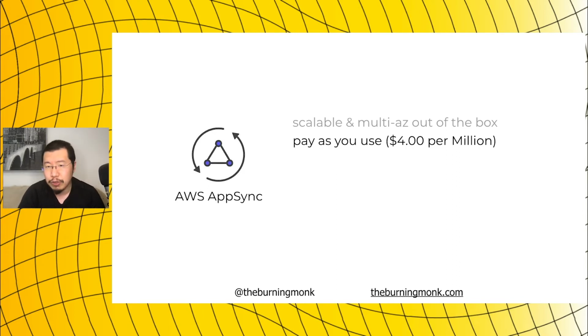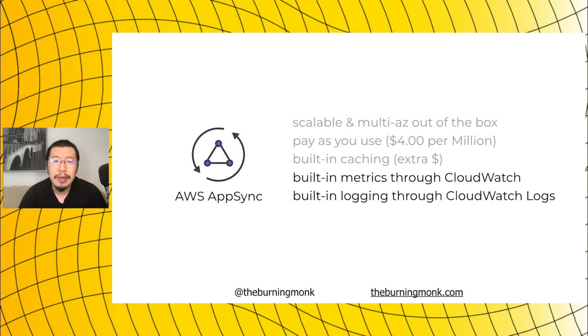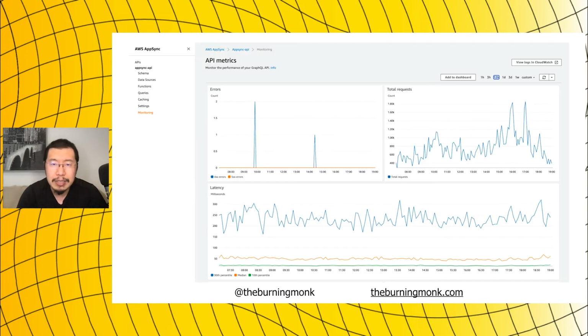And you only pay for what you use at the $4 per million GraphQL operations. And as I mentioned earlier, it has got support for caching, which charges you extra. Essentially, you're going to be paying for uptime for some memcached node, but you don't have to manage the memcached node yourself.